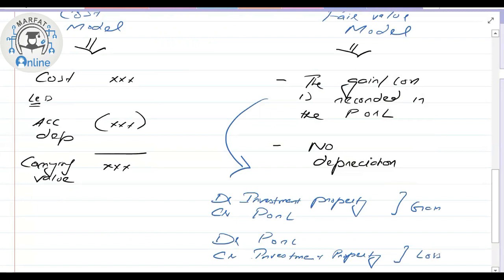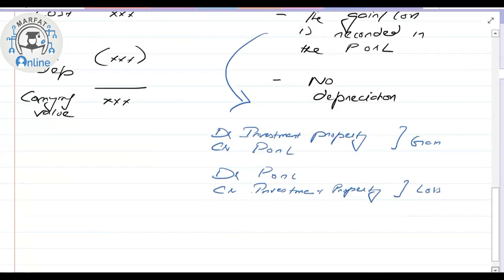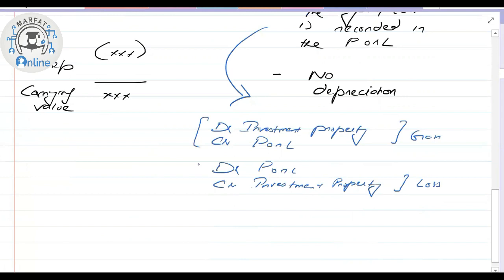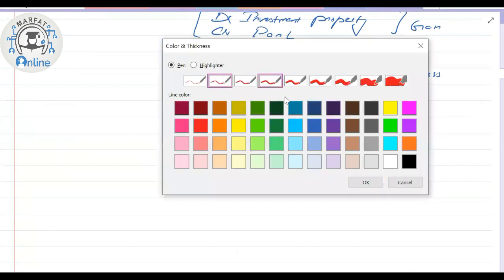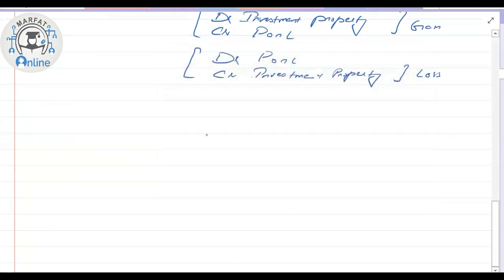This is the loss. So these are quite simple entries and no depreciation.